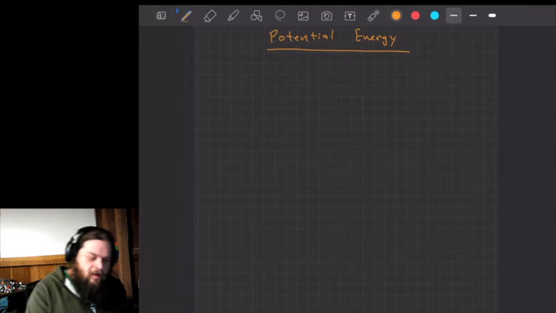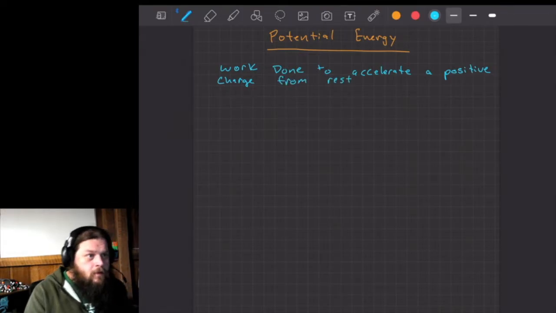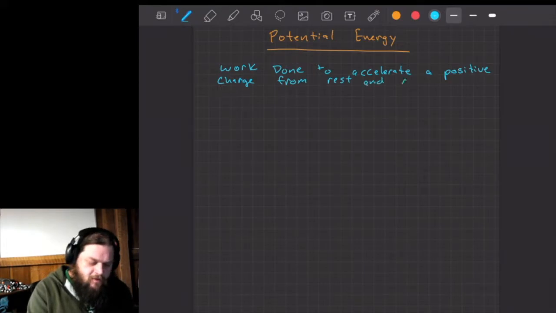So we can define potential energy as the work done to accelerate a positive charge from rest, and results in potential energy.